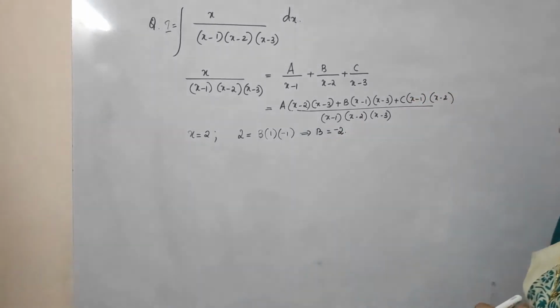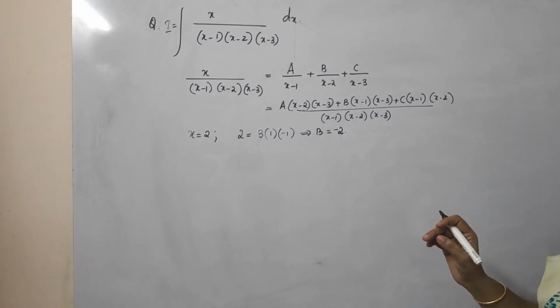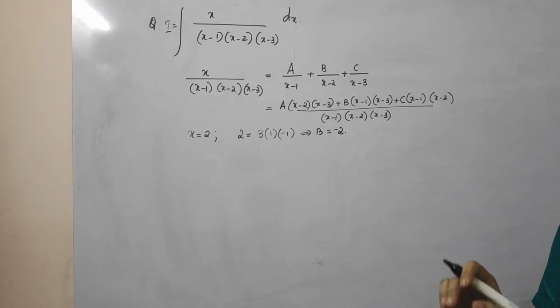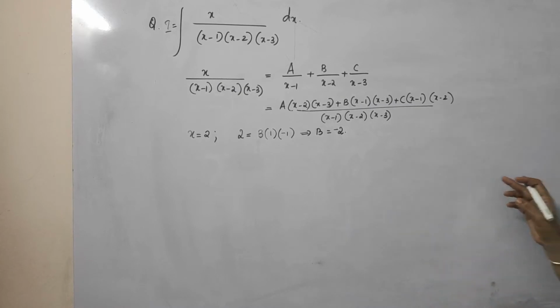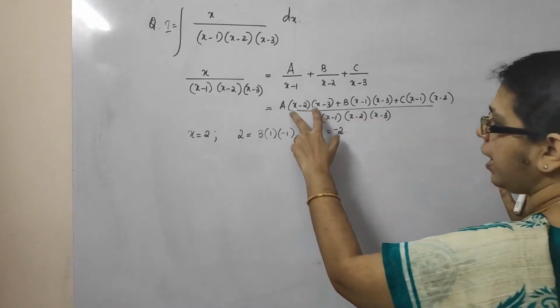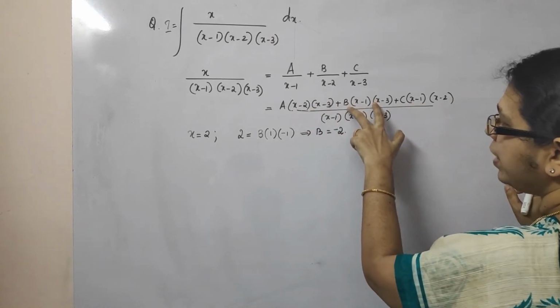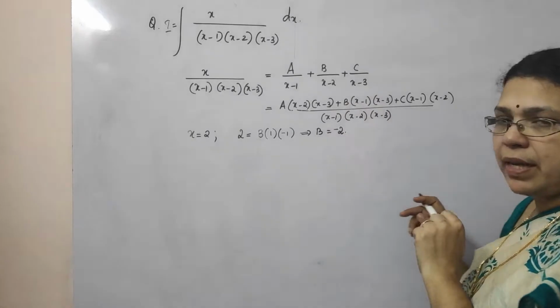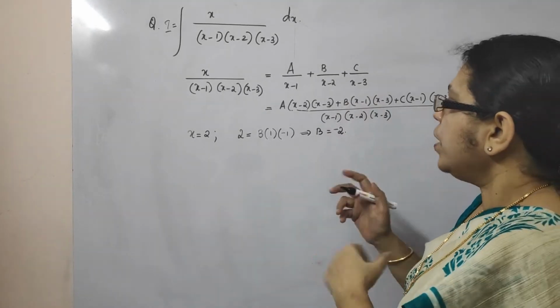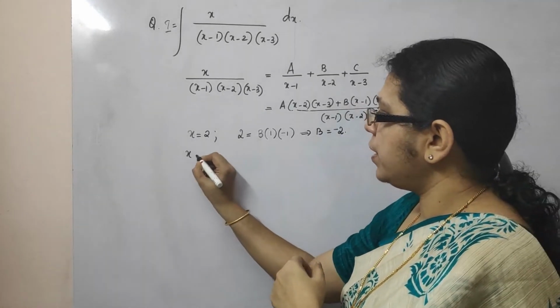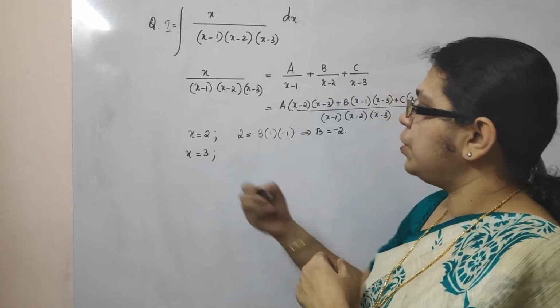B value is minus of 2. Am I clear? What did I do? I just substituted for the value of x is equal to 2, so that both the expressions which have a as well as c go to 0, and I have only the b expression from which I can find the value of b. Now, what is next I am going to substitute for? I substitute x is equal to 3.